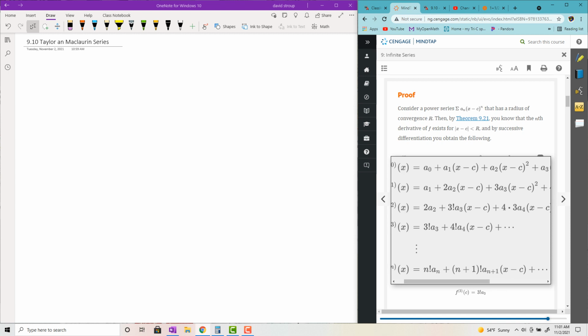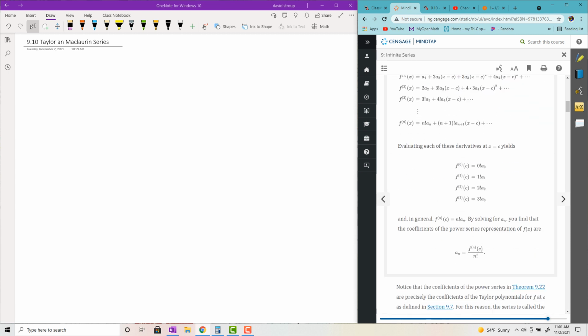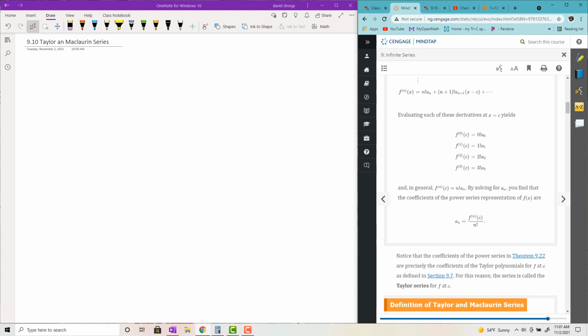Then they're doing all the derivatives, and then they're taking the actual function and evaluating at all the centers. And then if you equate the function and its derivatives evaluated at those places to the power series evaluated at those places, you end up with the same formula that you got for the Taylor and Maclaurin polynomials.